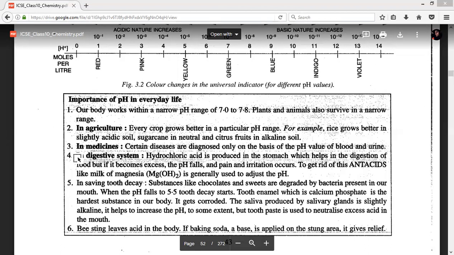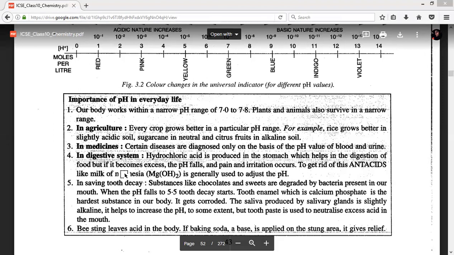In the digestive system, all of you know that hydrochloric acid is present in the stomach. But sometimes we feel acidity. We feel that something is not normal. It means the acid value in our body increases, and we feel pain and irritation.